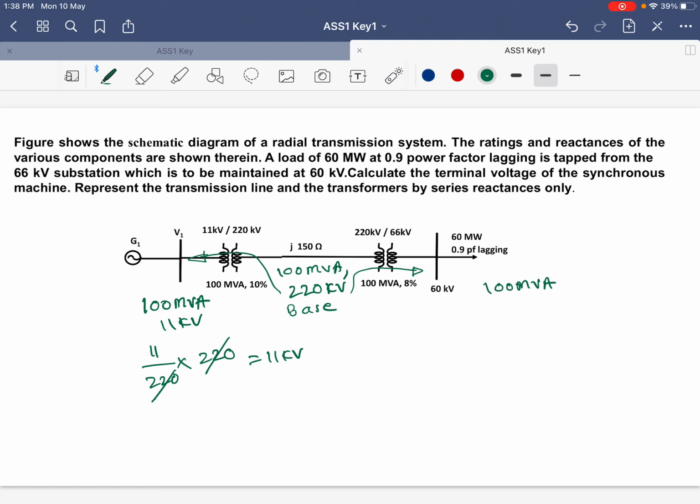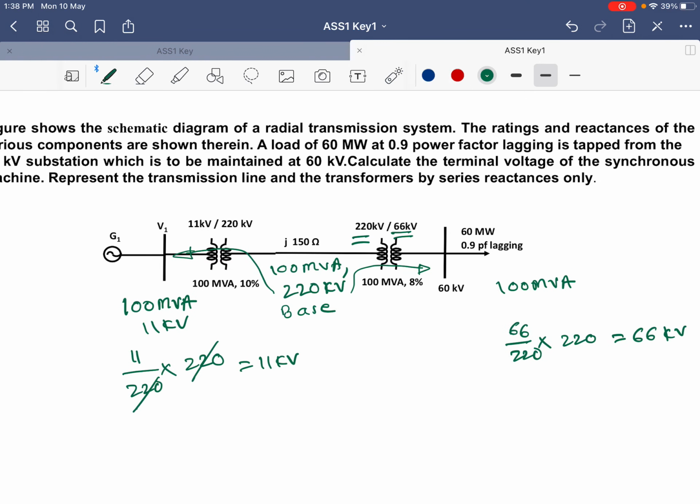Then in that case, the transformation ratio is 66 divided by 220, multiplied by 220, and what we get is 66 kilovolts as the base voltage on the load side.